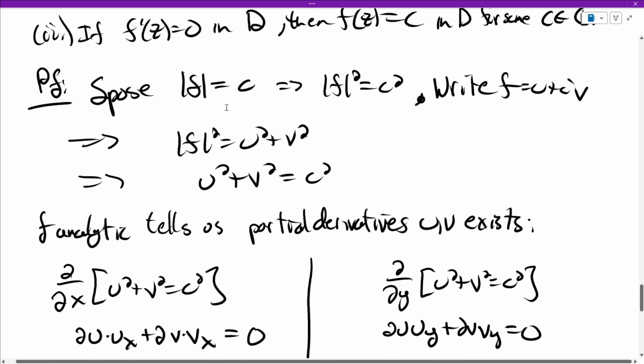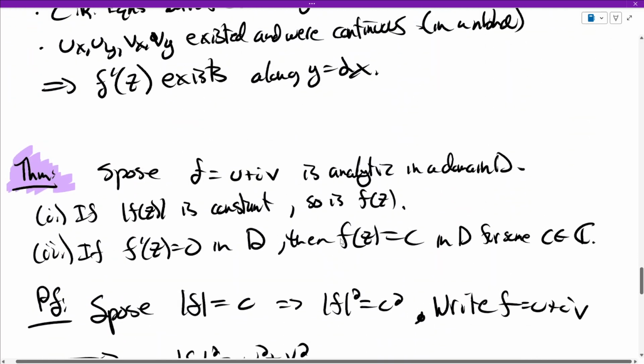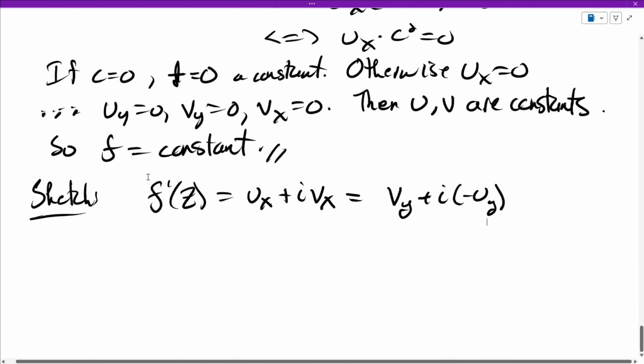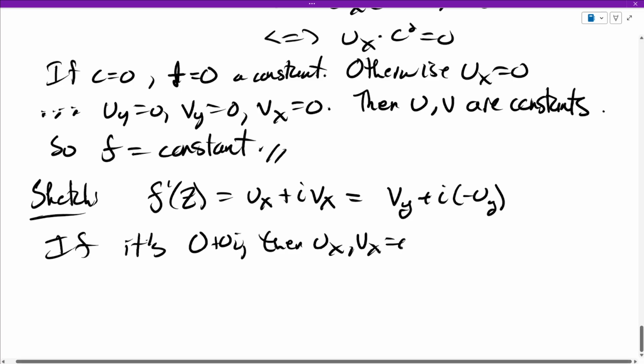And so for the second part, if the derivative is 0, then f is a constant. Well, the derivative we can compute in one of these two ways. And if the left-hand side is 0, that is 0 plus 0i, then ux and vx are 0, and vy and negative uy are 0. In particular, the partial derivatives are all 0 again, and so u and v are constant, so therefore f is constant. So I won't write that out, but it's the same argument.